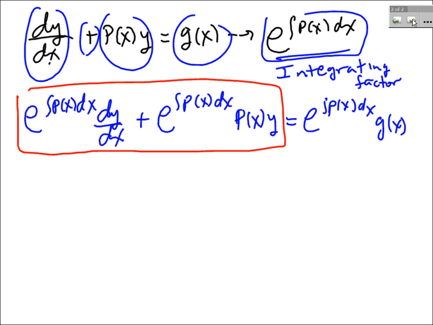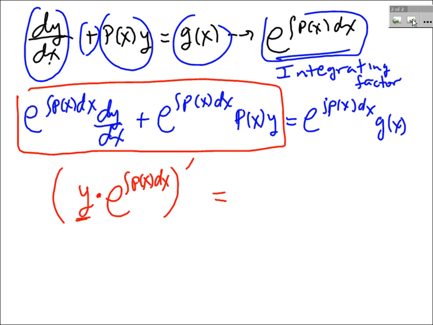Now, the magic is happening right here, because that left side is a derivative of some function. It's the derivative of y times e to the integral of p of x dx. I meant to say e to the integral of p of x dx. To convince you of that, it's a product rule.